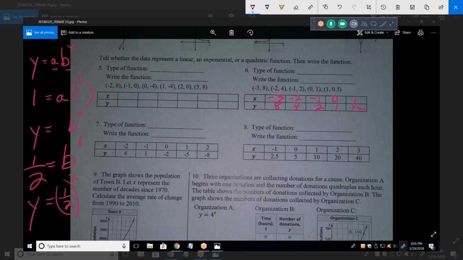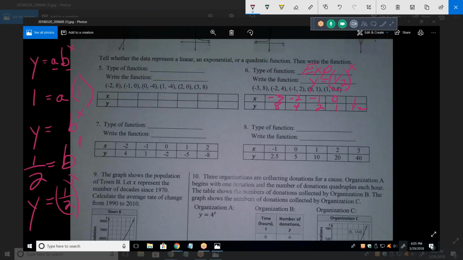Okay, so I'm going to call this exponential, but once again, I would not bet my life on it until I check another point. Because first time through, it looked linear, and we were wrong. In other words, when I checked another point, it proved that we were wrong.